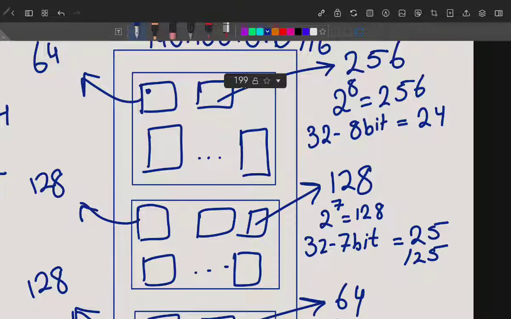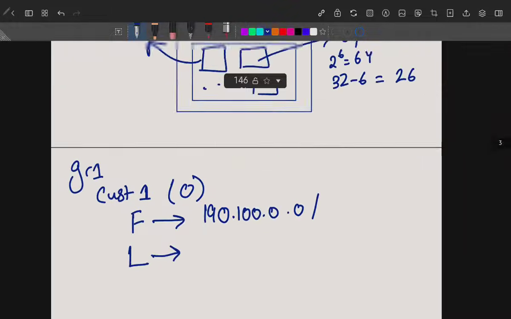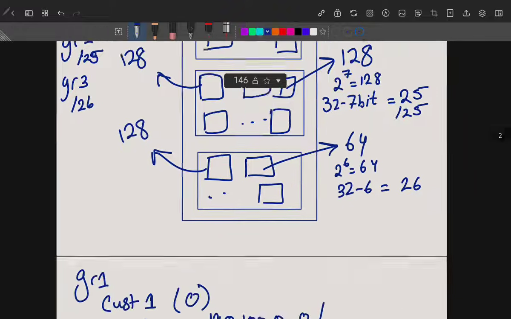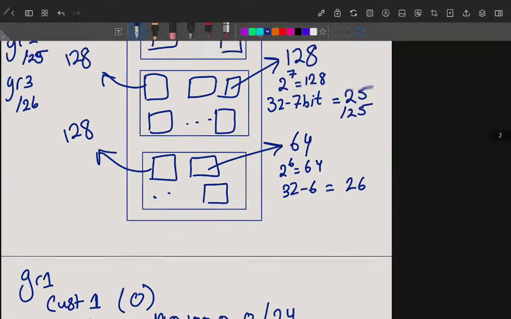So the first address here is going to be 190.100.0.0 with subnet mask /24. How many addresses for each customer?